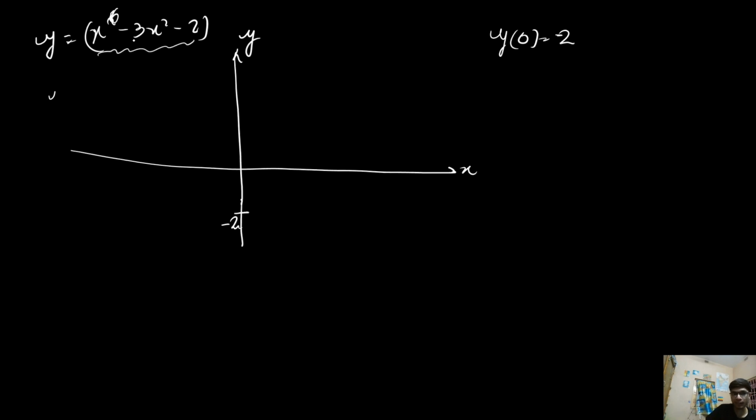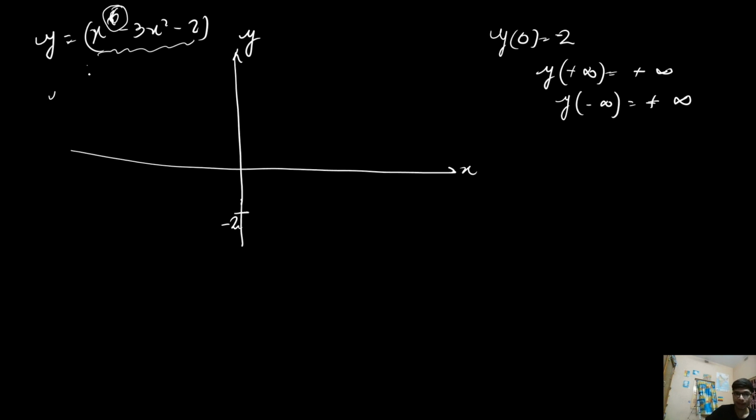Similarly, if I put plus infinity, the result will also tend to plus infinity because x to the power 6 is the dominating term. Similarly for x is equal to minus infinity, the result will also tend to plus infinity because minus infinity to an even power is plus infinity. So this will again tend to positive infinity only.